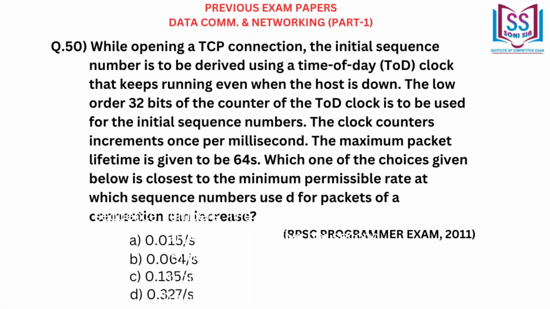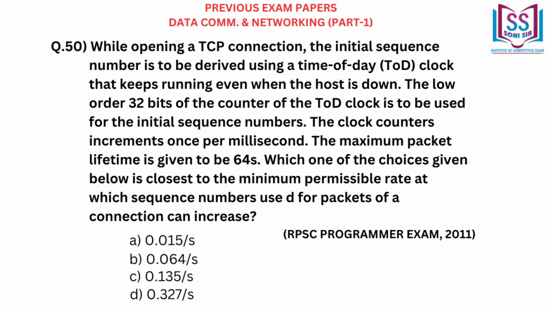While opening a TCP connection, the initial sequence number is to be derived using a time-of-day clock that keeps running even when the host is down. The low-order 32 bits of the counter of the TOD clock is to be used for the initial sequence numbers. The clock counter increments once per millisecond. The maximum packet lifetime is given to be 64 seconds.